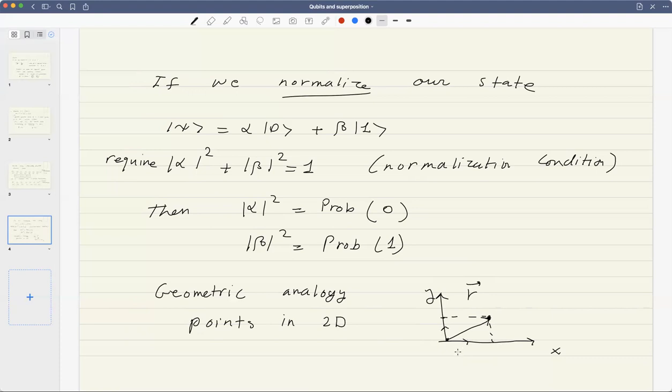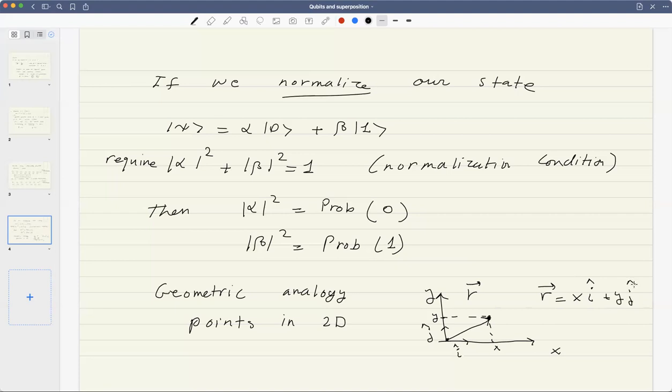And we can always decompose that vector into, so imagine we have these unit vectors i and j in the x and y direction. So I can think of a decomposition of a vector in terms of these unit basis vectors. So let's write it as x if that component is x, and here suppose that component is y. So it's going to be xi plus yj.